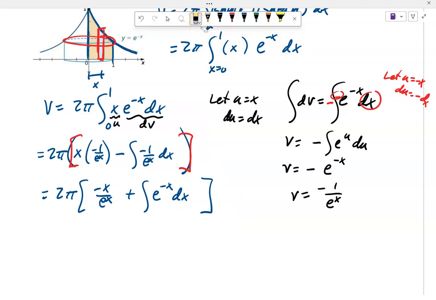And now we're going to go ahead and integrate this by letting u be negative x. So du is negative dx again, the negative in.